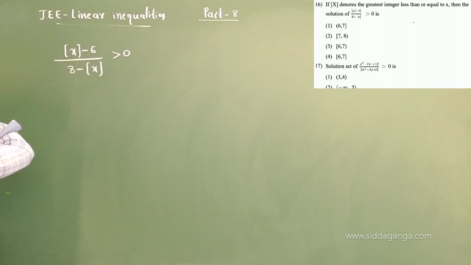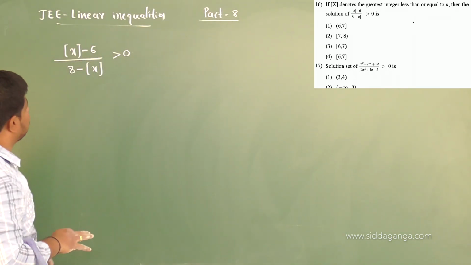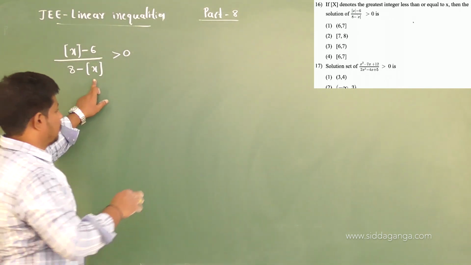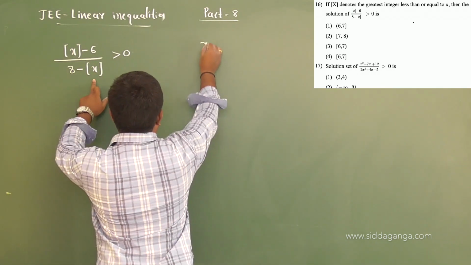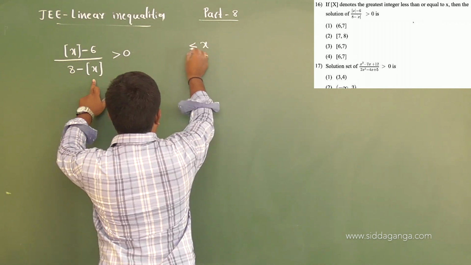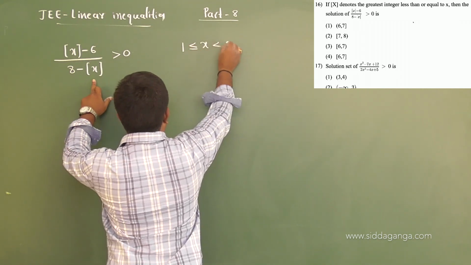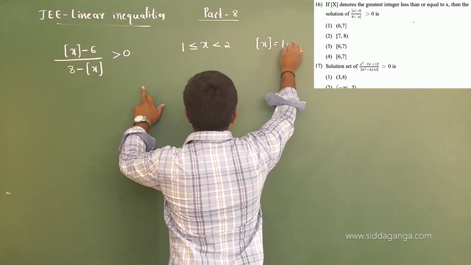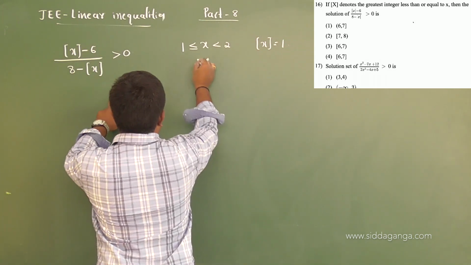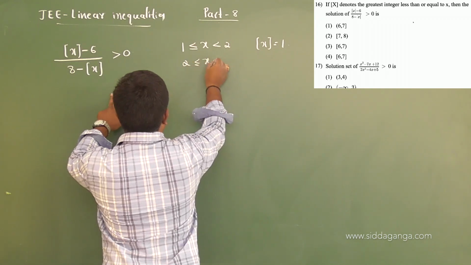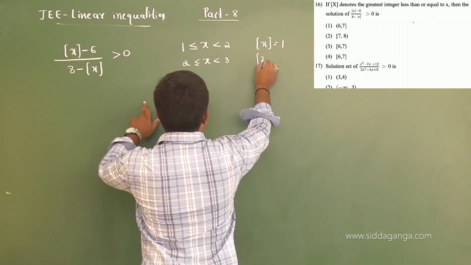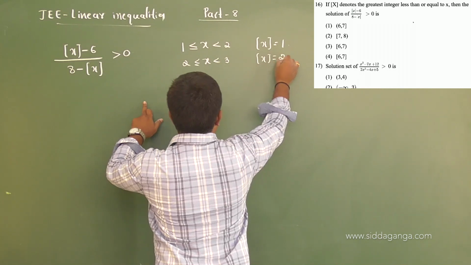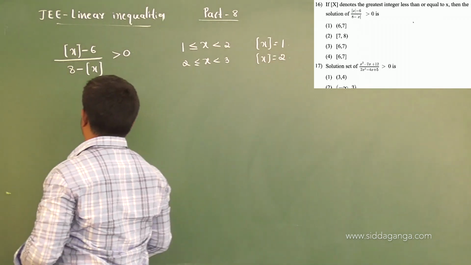I hope you are all familiar with the greatest integer function. For example, if x lies between 1 and 2, including 1 and excluding 2, the greatest integer function value becomes equal to 1. When x is greater than or equal to 2 and less than 3, the greatest integer value becomes equal to 2, and so on.